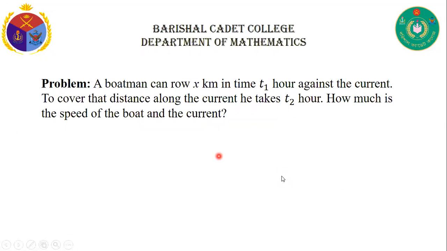Now, another problem. A boatman can row x kilometers in time t1 hours against the current. To cover that distance along the current, he takes t2 hours. What is the speed of the boat and the current?